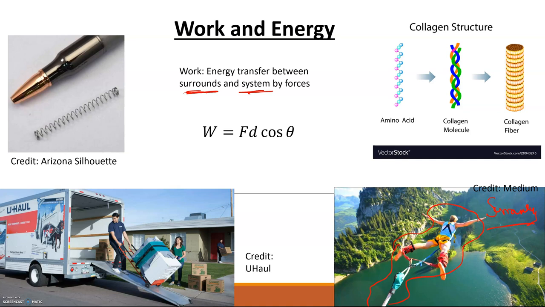So mathematically, what is work? Work is the magnitude of the force, times the magnitude of displacement, times the cosine of the angle between them. If your force is in this direction and your displacement is in this direction, the angle between them is 0.